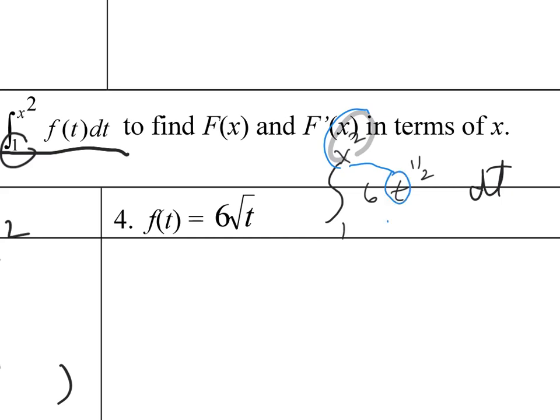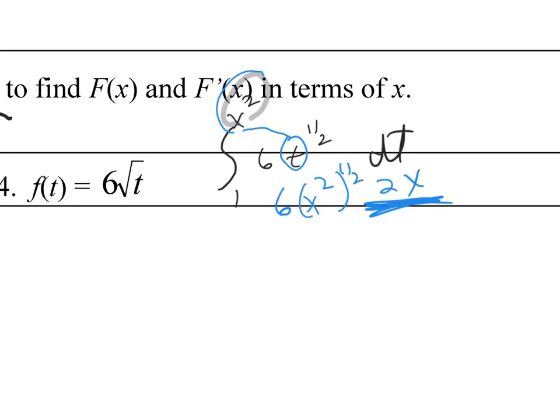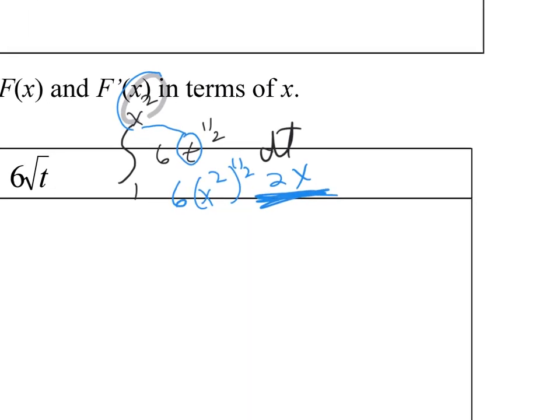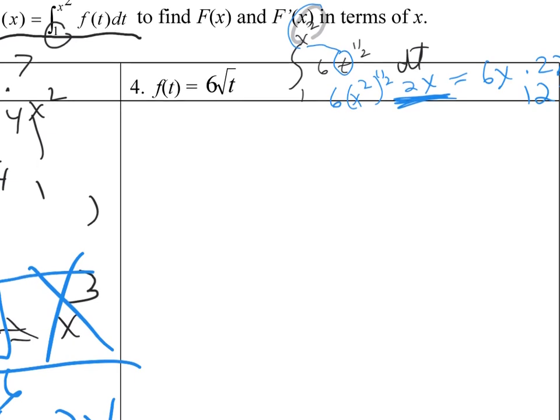That would give me a 6 times an x squared to the 1/2 times the derivative of x squared, which is 2x. So if I'm lucky, that gives me a 6 times x times 2x, or a 12x squared. Let's see what happens.